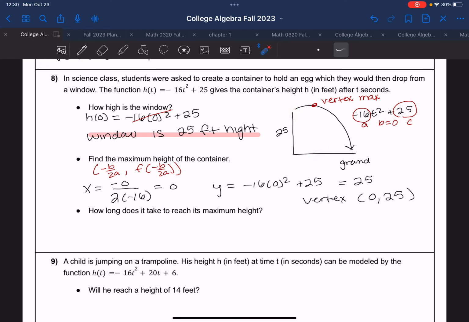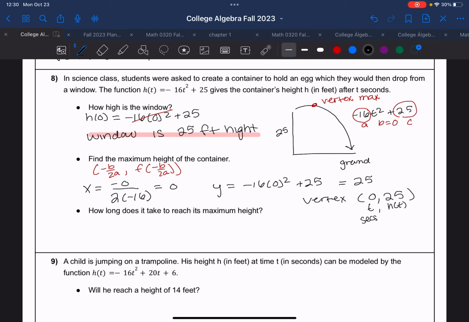Then it says, how long does it take to reach its maximum height? Okay. Remember, our x value, in this case the t value, represents time. Okay. And if we were to label that vertex, we have t, comma, h of t. So time and feet.